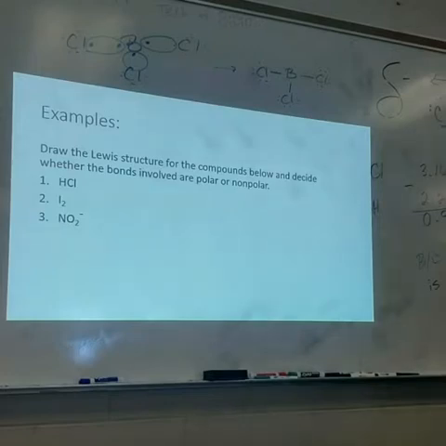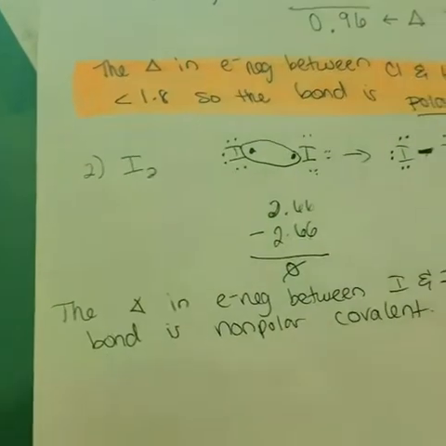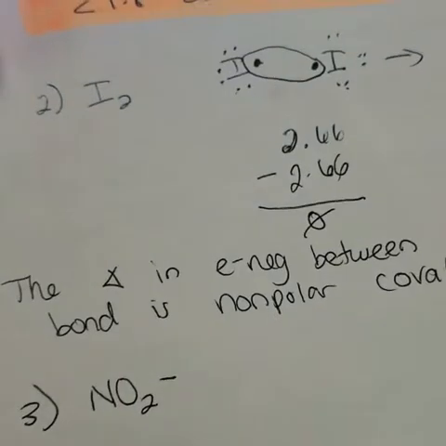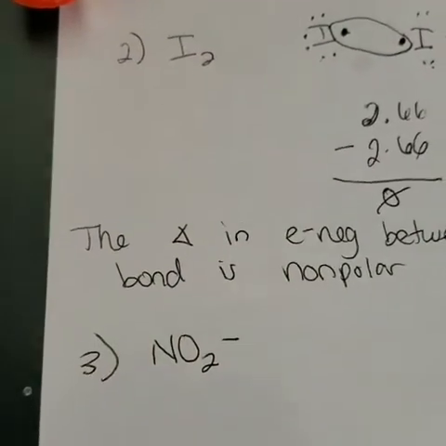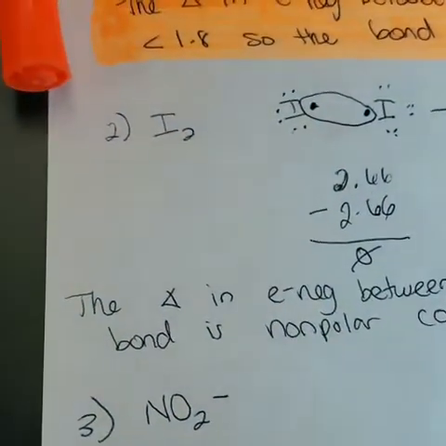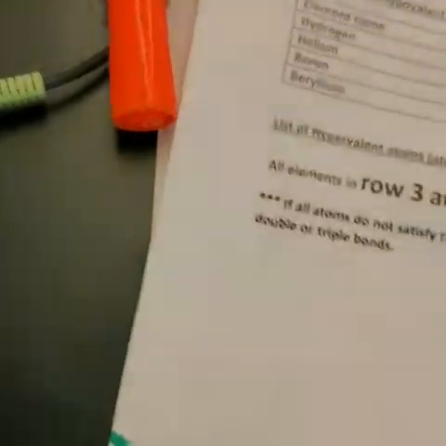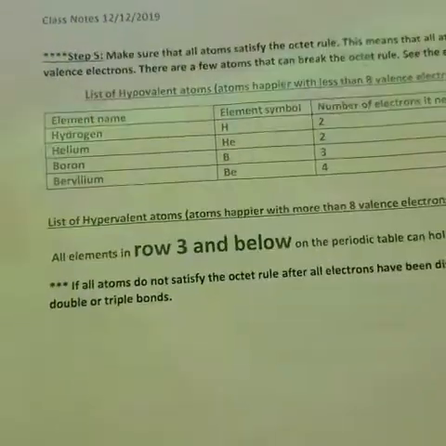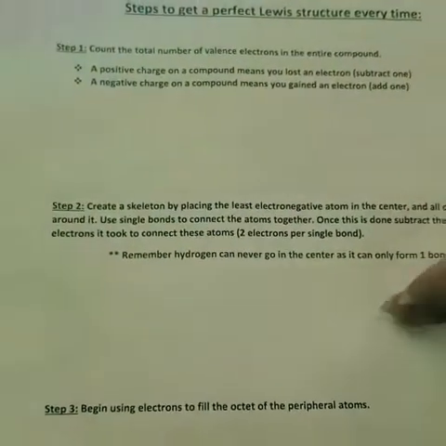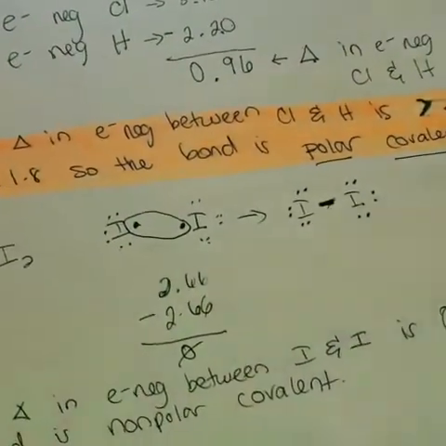I'm going to close the screen so that I can use the... Let's do number 3. All right, NO2 minus. Number 3 is a little bit more difficult of an example. So in class today on 12/12, I gave you guys a handout that looks like this. It says steps to making a perfect Lewis structure. We're actually going to start using these steps every time. The reason is, in the previous examples, it was really easy.